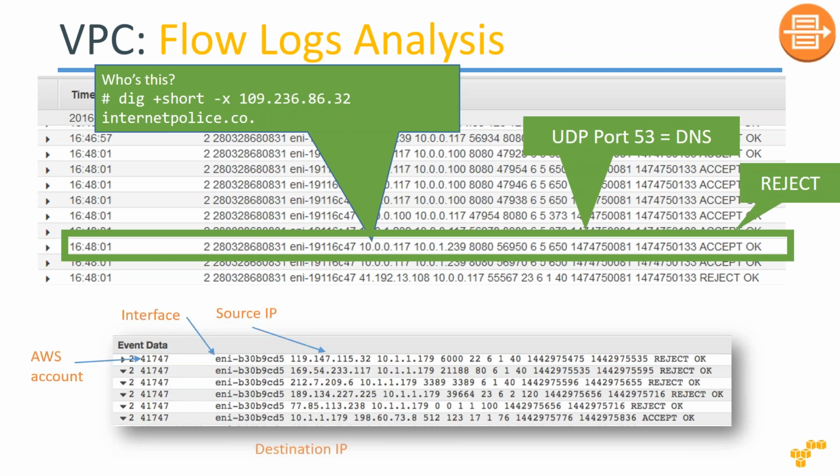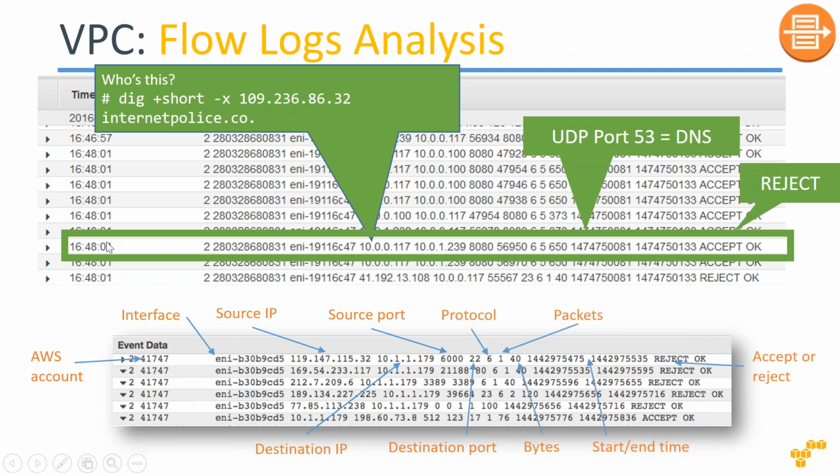So the first one is the AWS account, which is the account from which the interface is configured. The second piece of information that comes up in a particular log, let us say we have opened one particular log, this is how the log will look. The second one is your interface, which ENI or network interface the log has originated from. And then the source and destination: source IP, source port, destination IP and destination port, and which protocol they are connecting on, whether it is port 80, port 53, ICMP, UDP, all those kinds of things.